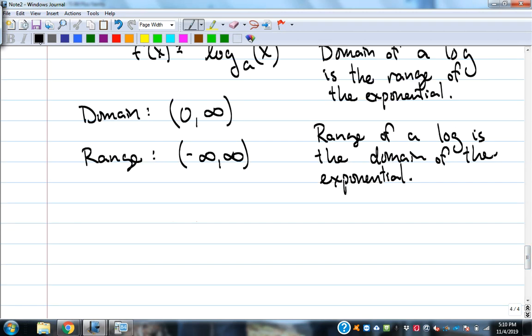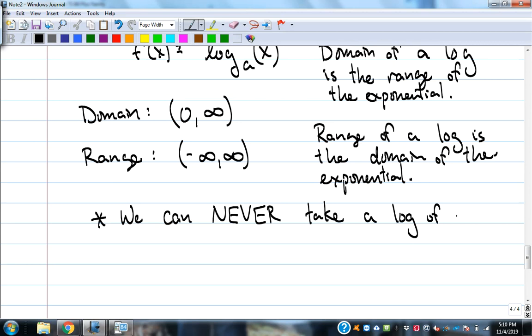One thing that we have to keep in mind at all times is we can never take a logarithm, or a log, of a negative number or 0, because it doesn't matter what you do.